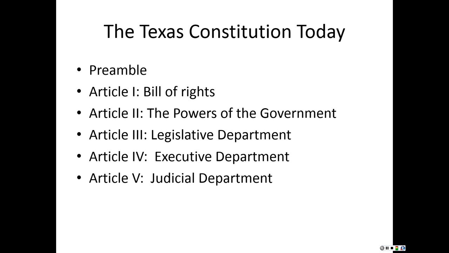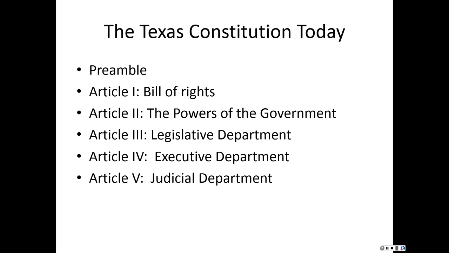Article 5, the Judicial Department. Article 5 discusses the court system. It creates our justice system and provides for the lower courts. It allows the legislature to create other courts as needed. Finally, Article 5 discusses the courts' jurisdiction, compensation of judges, how much they're paid, and election of judges.